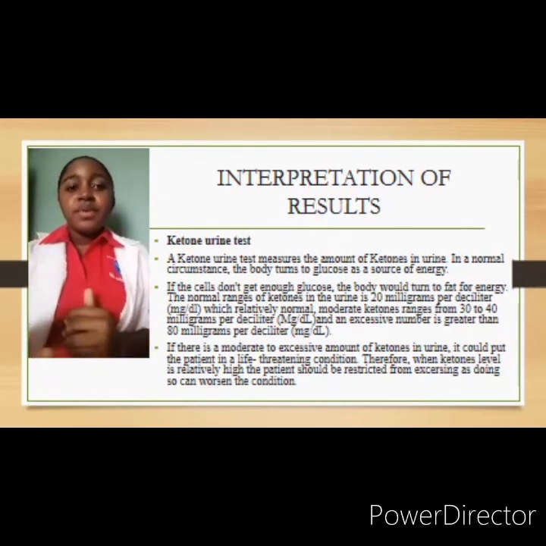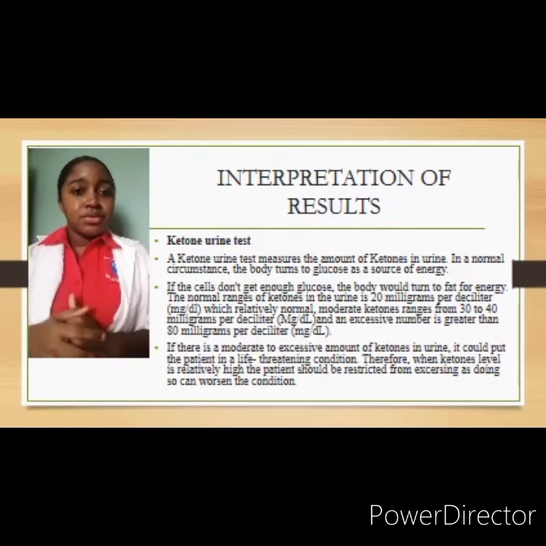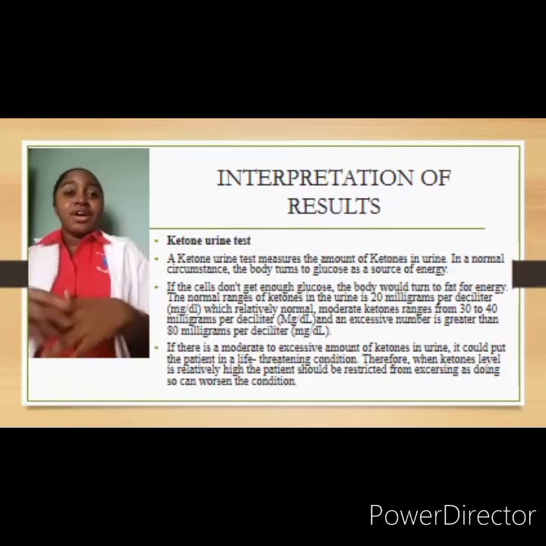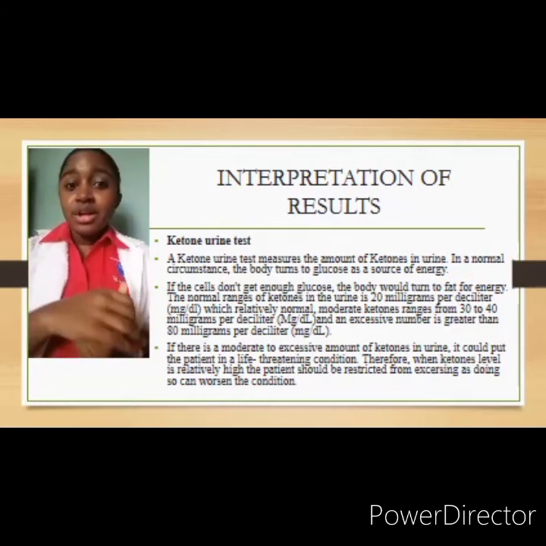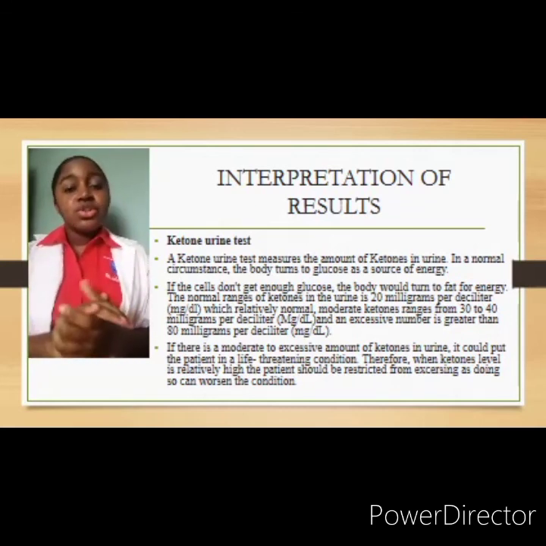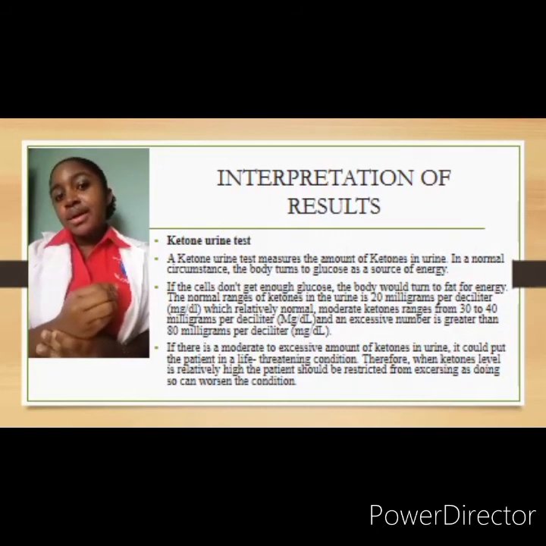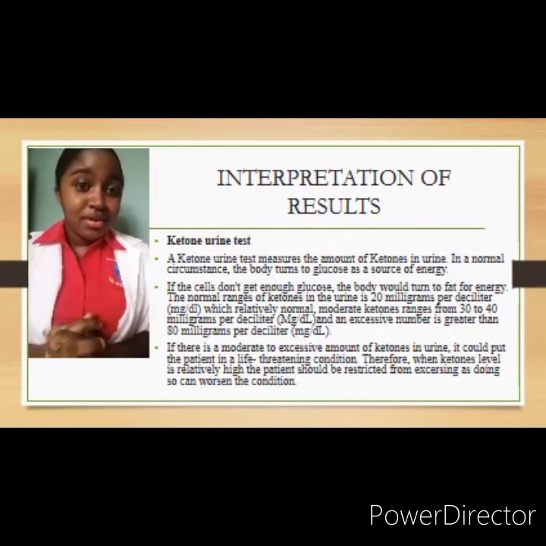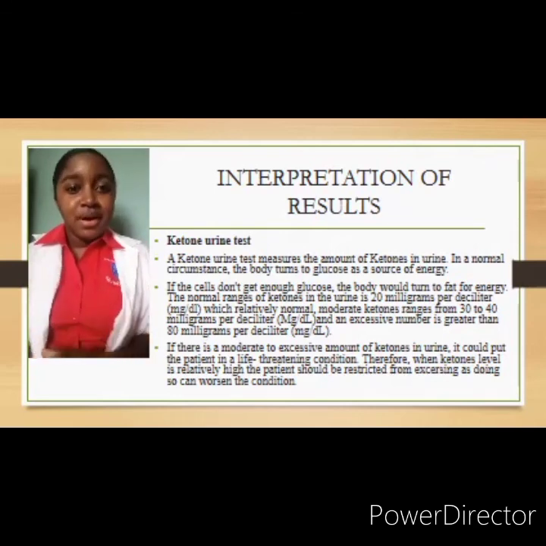If a patient has an excessive amount of ketones, they are in a life-threatening condition, because too much or too little ketones in the blood, or the urine rather, may have a negative impact on patients.